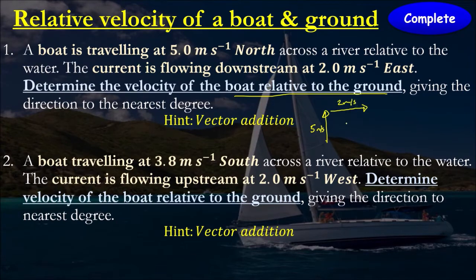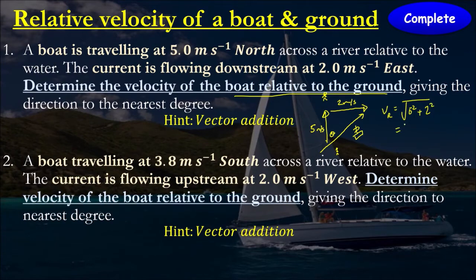Okay, so if we're the stationary observer, okay, so we're on either side of the bank, on this side or that side, you'll see that the resultant vector of the boat gets carried across in this particular direction along this here. So our resultant velocity is 5 squared plus 2 squared equals v squared.